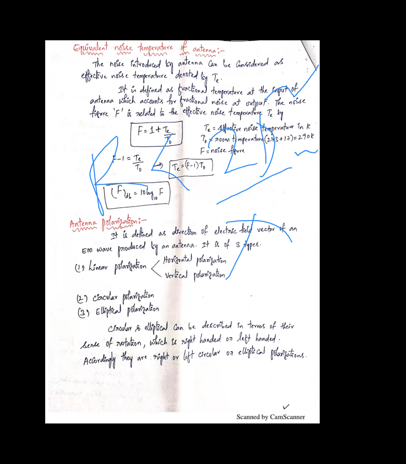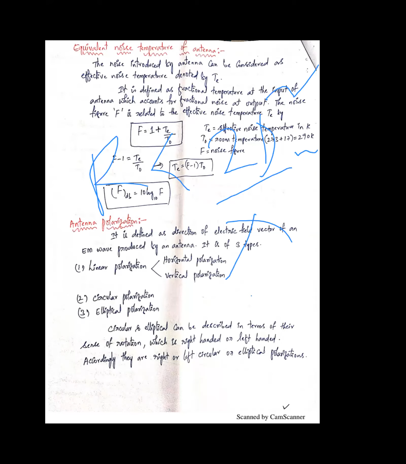D is any longest dimension. See here, D is not diameter, not distance. D is any longest dimension of antenna. Okay, it might be length, it might be breadth, it might be anything. Whatever the longest dimension is there, that is called as D here.